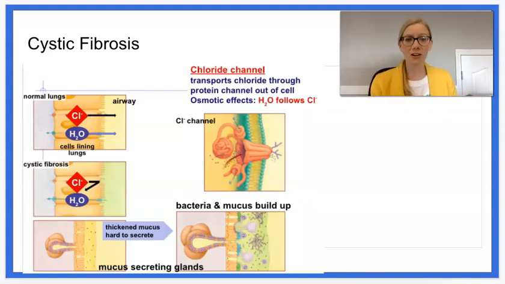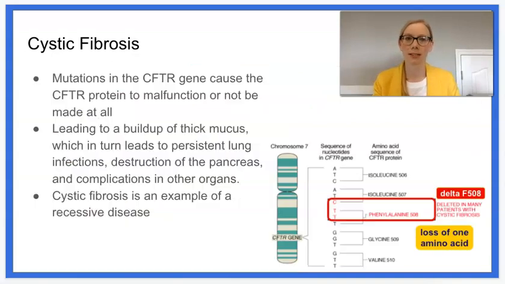It's thickened, which makes it harder for things to go in and out, and it's typically challenging for them to release this mucus as well, which is not a good thing. In fact, lots of people, if they don't receive treatment, die at a very young age of cystic fibrosis.